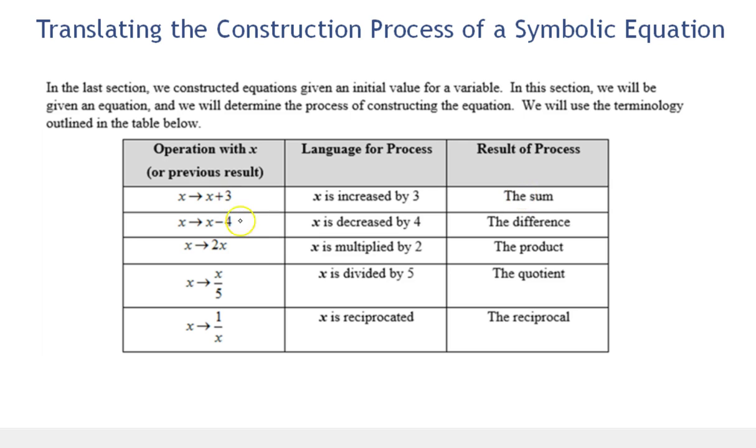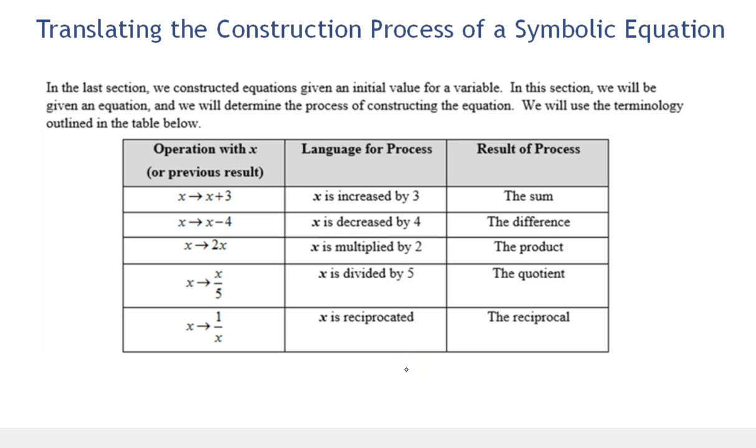So notice we have all of the different operations. For subtraction, we will say decreased by, we call the result the difference. For multiplication, we'll say is multiplied by, we call the result the product. For division, we say is divided by, and we call the result the quotient. And then we have one more that you may not be as familiar with, so let's look at an example.